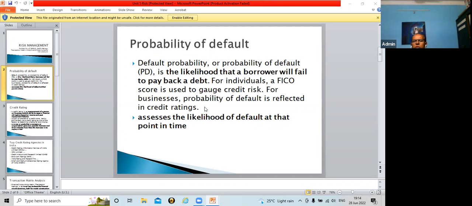Sometimes what happens, suppose a business or person has taken a loan from a bank or maybe any financial institution. In the initial months, a person or business may default, but later on may be regular in making payment. So in that case, we can say earlier this individual or company was a defaulter, and their credit score changes from time to time.